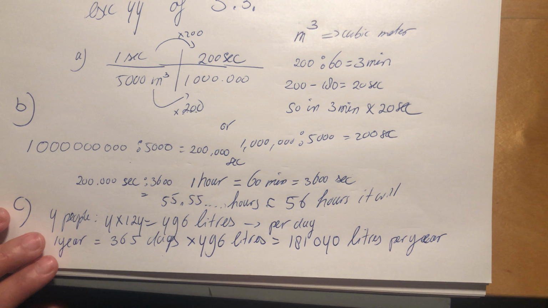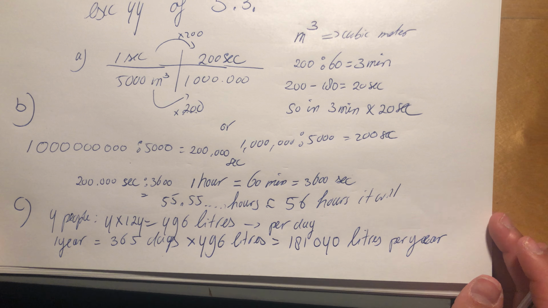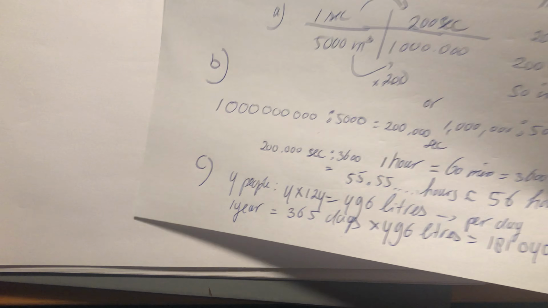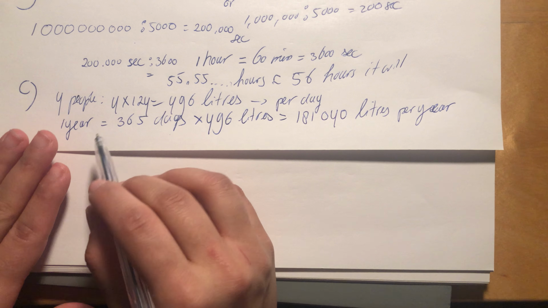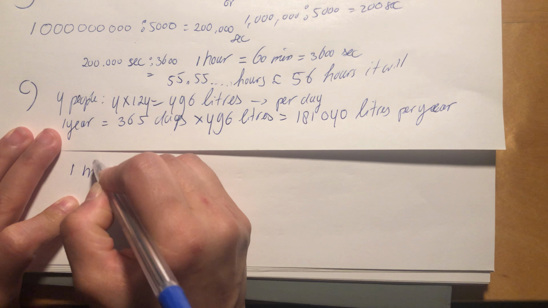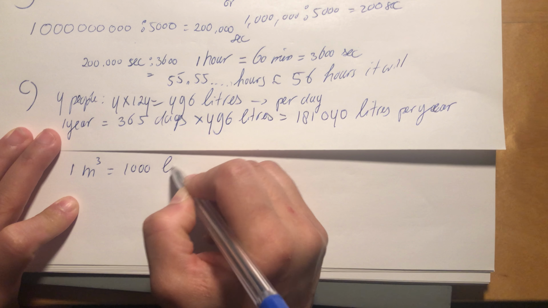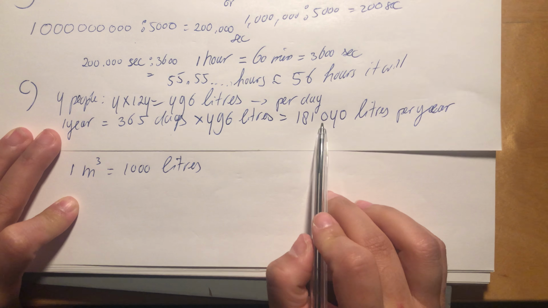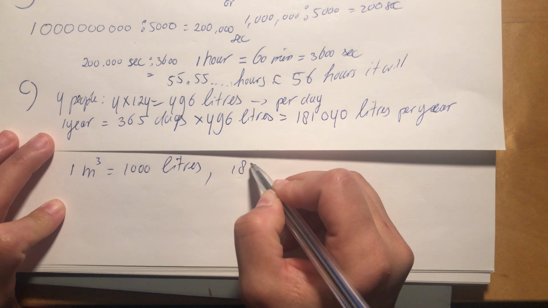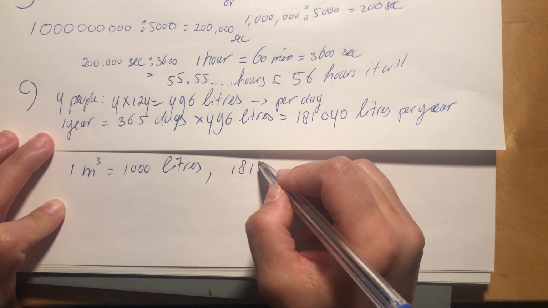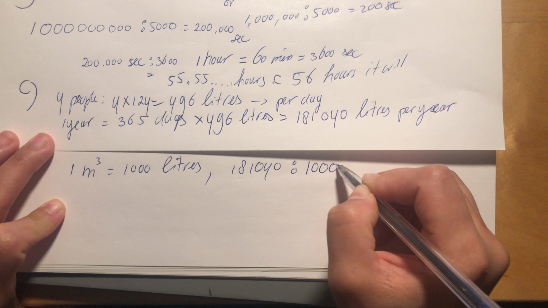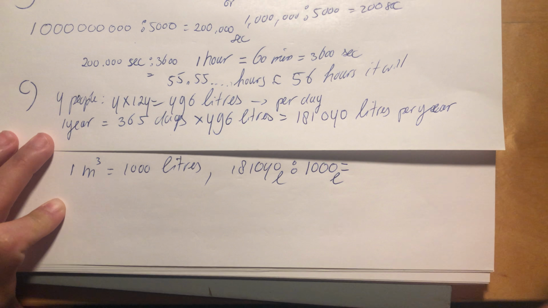Okay, now I don't have space. This is not nice, but I know what I can do. I'm gonna put it like this. You also know that 1 cubic meter is 1,000 liters because that's what they're telling you. So to find out what this is in cubic meters, you do 181,040 divided by 1,000, because liters.